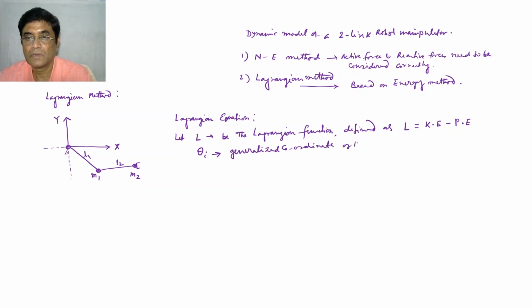So if this is theta 1 and this is theta 2, these are known as generalized coordinates. If it is a 6-link manipulator, then theta 1, theta 2, theta 3, theta 4, theta 5, theta 6, so theta i with i equals 1 to 6. Here i equals 1 and 2. These are called generalized coordinates.